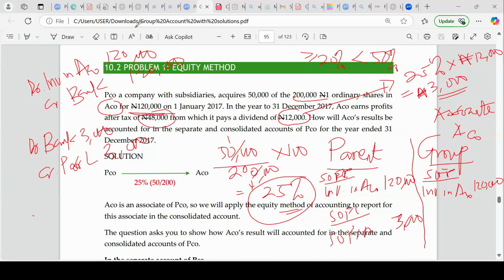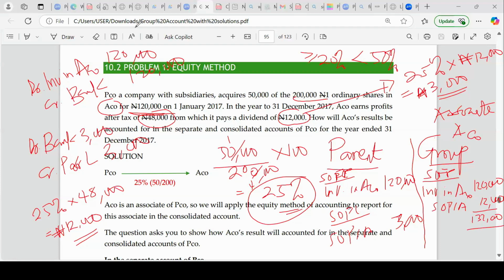What we will do is to say 25% of this 48,000. 25% of 48,000 looks like 12,000 to me, because that's 1/4 times 48,000. All right. Now, this 12,000 will be added to this investment, meaning that what they are going to have in their SOFP as investments in ECO will now be 132,000.